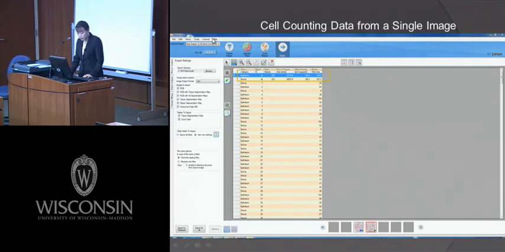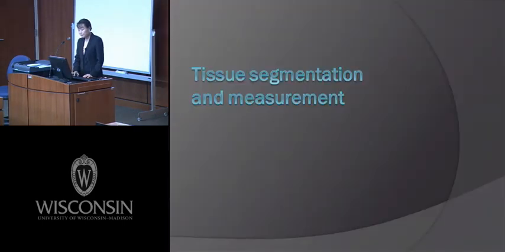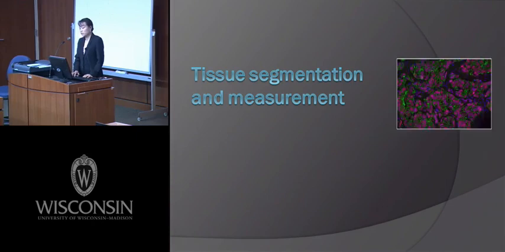And here it tells you that in the epithelial compartment, about 200 cells are positive for AR. This is just showing one image. If you want to analyze, say, 200 images, you have an Excel file to show the data. I'm just showing you one core's data, which can be done. So the next category is tissue segmentation and measurement.